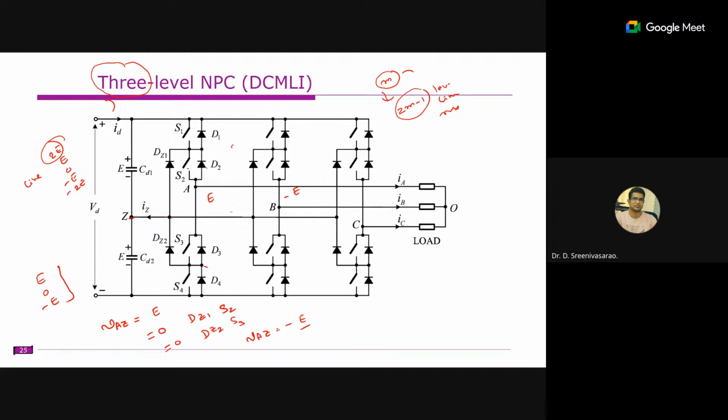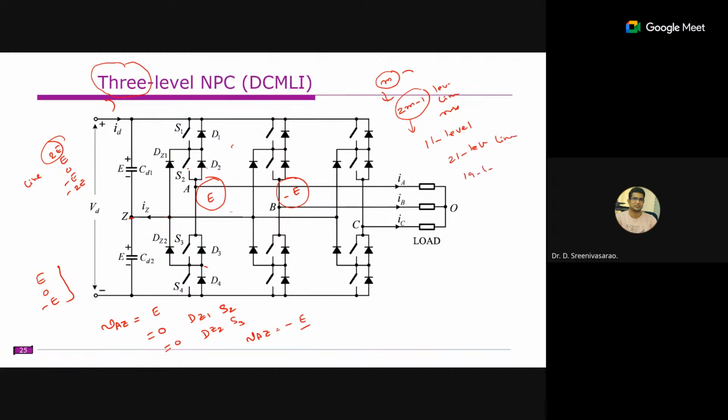But if you are increasing the number of levels, both will not happen simultaneously. So therefore, you can reduce the number of levels. Meaning, let us say if you consider a level inverter, there are levels in the phase voltage. From this formula, you are supposed to produce 21 levels in the line voltage, but you may not get 21 levels.